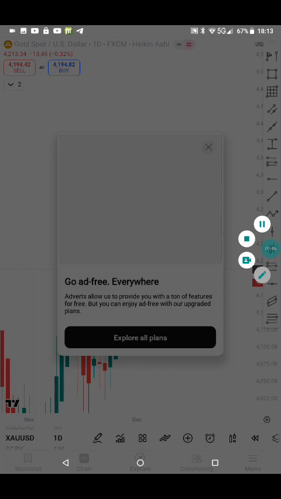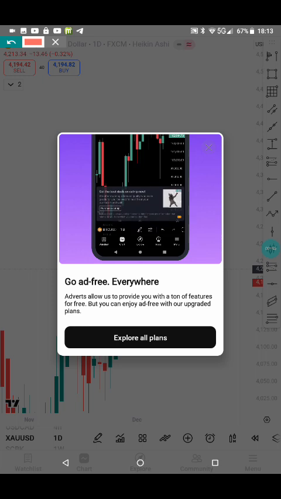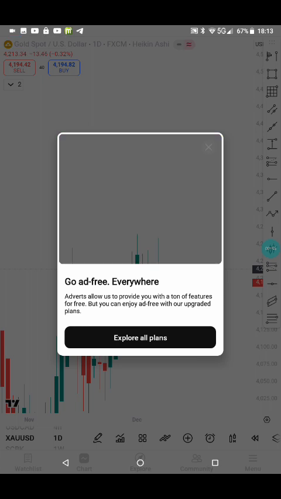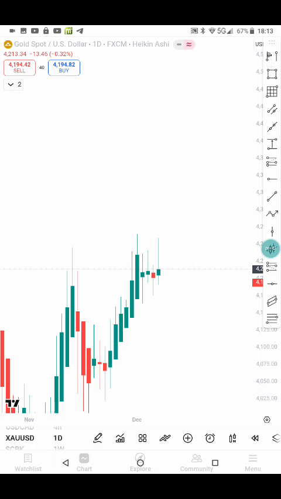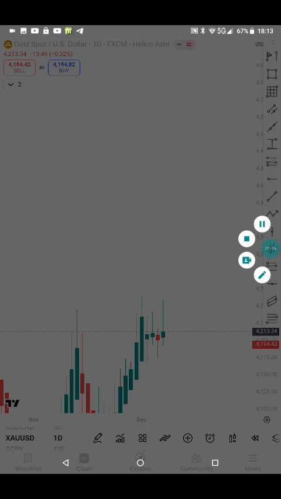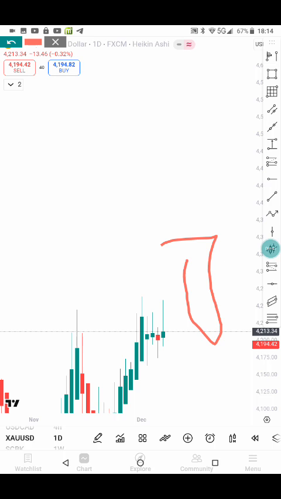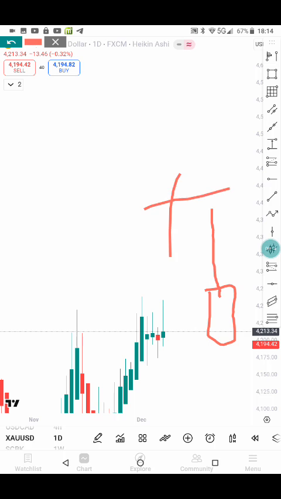I'm not an artist, but I hope you understand what I'm saying. So when I see something like this, sorry, let me draw it appropriately. When I see something like this, a very huge rejection, this is a red flag for me. This already tells me it's time for me to exit this market.